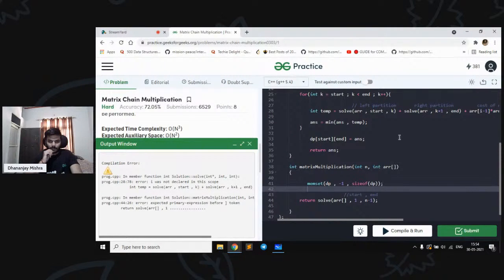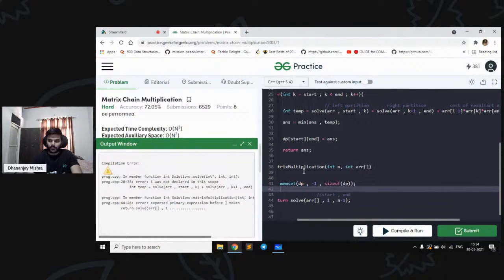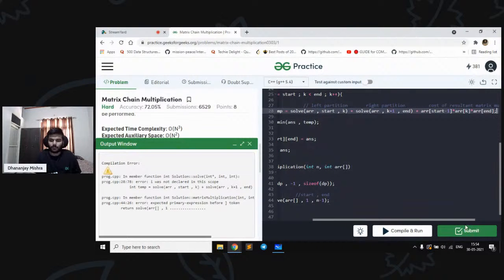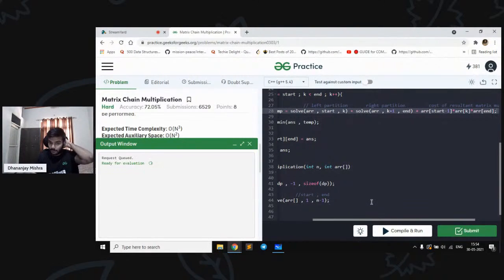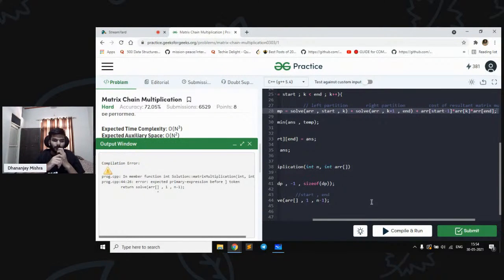Okay. Yeah, so it is giving an error. Okay, it says i was not declared in this scope. So basically, it is not i here. It is start, and that was all a typo error, and I hope it will work now.